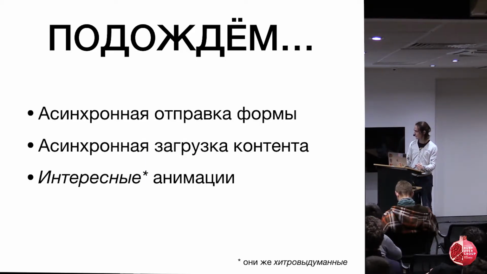Now, a question. We can't always perform actions one by one. Capybara consistently performs them one by one. But what if there is something from this list, asynchronous form submission, or content doesn't upload immediately, or there are some peculiar animations?